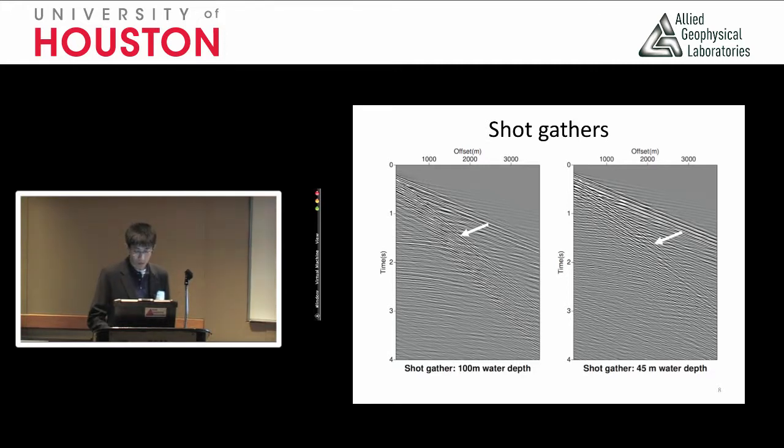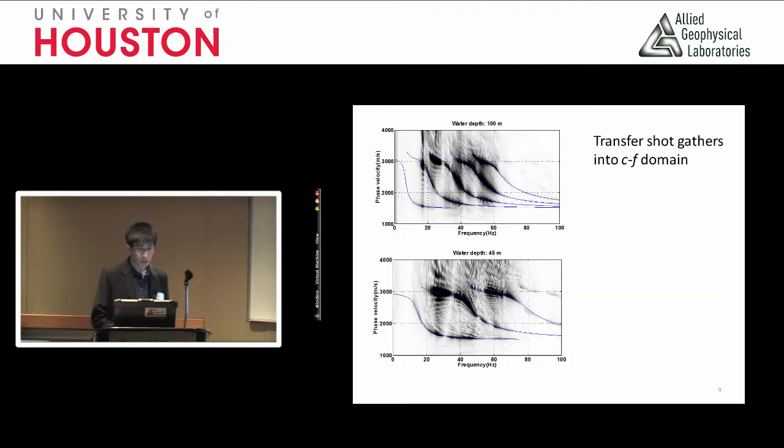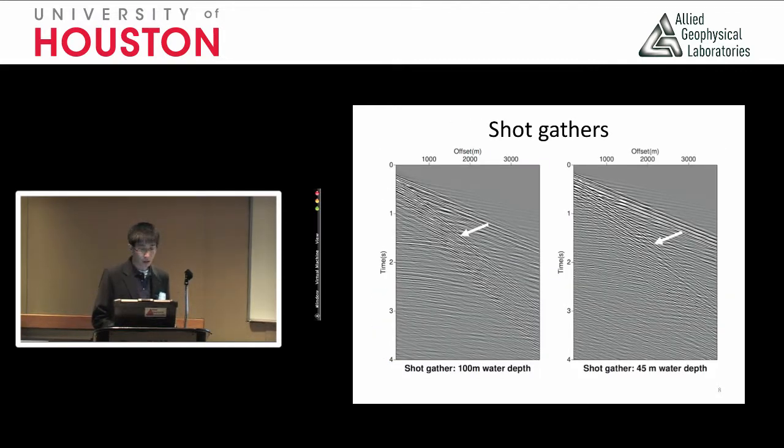We can see we acquire pretty strong guided wave over here, and it has an upper boundary of the minimum group velocity and the lower boundary of the maximum group velocity, and the upper boundary of the minimum group velocity and the lower boundary of the minimum group velocity over here.